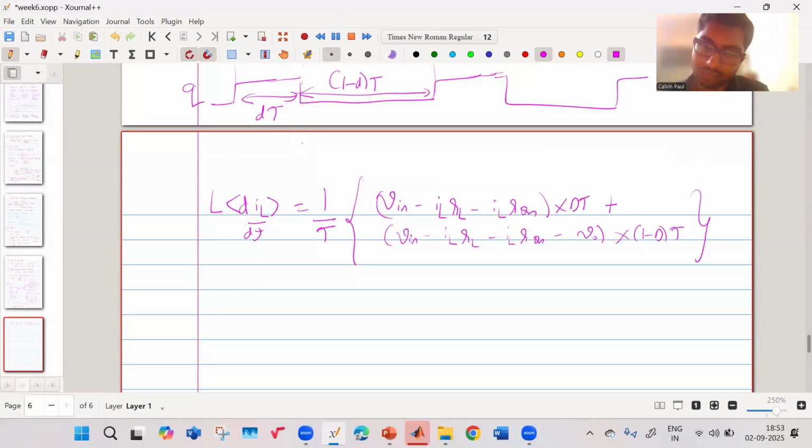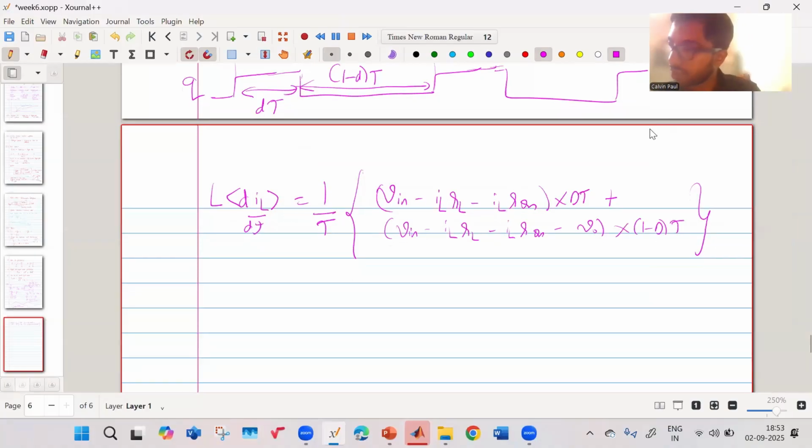What do you think I should do? Vin minus IL into RL minus IL into R1 is there in both terms. So that means my L dIL by dt, first I can cancel out T, because it is common. So I cancel it out. Then this part is common in both, as Aruna said.